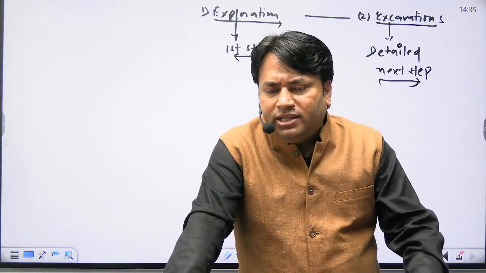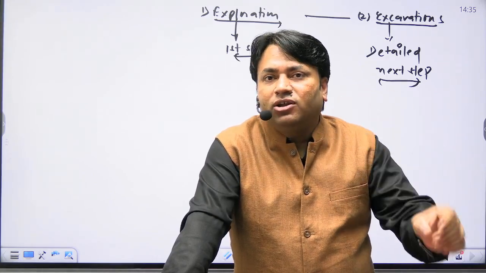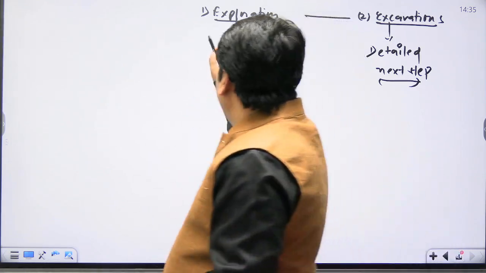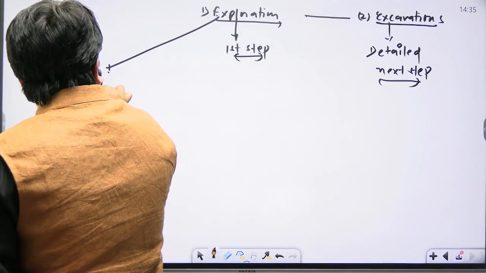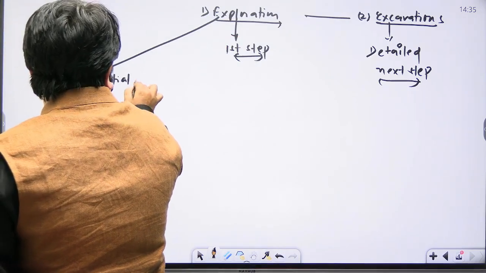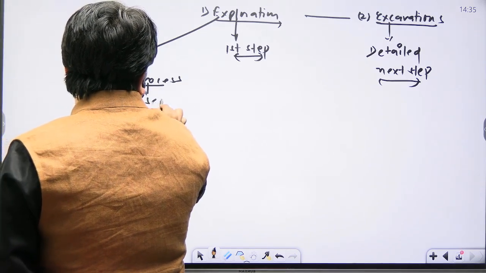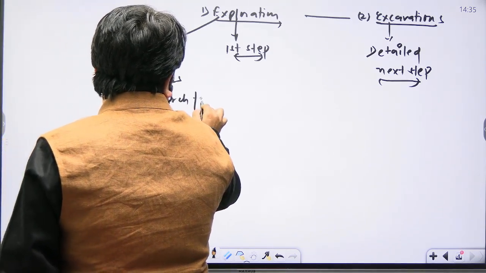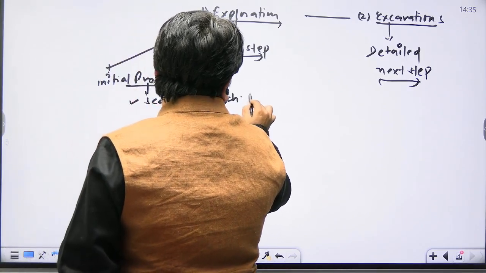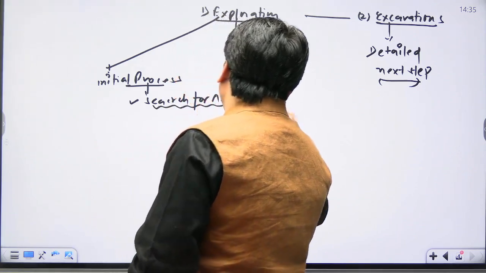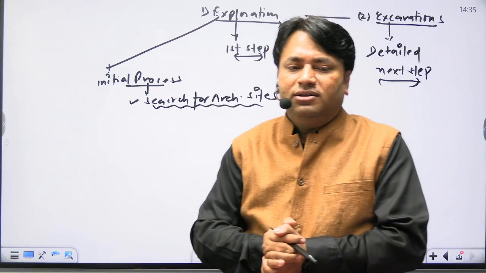So in the initial process of archaeological exploration, what will be the initial process? First you will search for archaeological sites. This will be your very first step, searching for the archaeological sites.